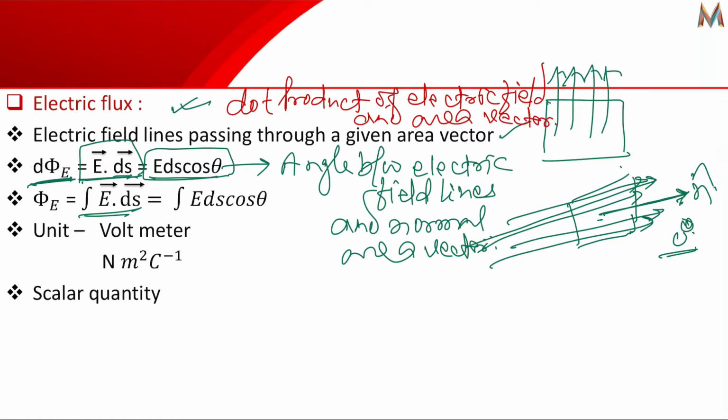The unit of electric flux is volt meter, or Newton meter square per coulomb, and definitely it is a scalar quantity because it is the dot product of two vector quantities. Any physical quantity that is the dot product of two vector quantities will be a scalar quantity.